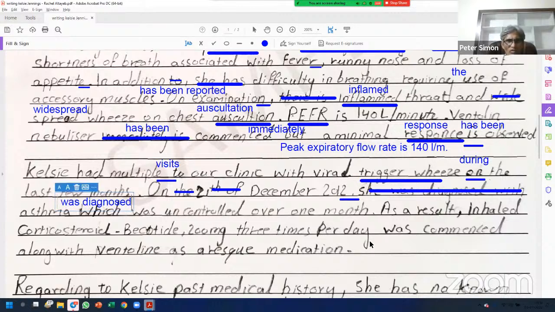On December 2012, asthma was diagnosed. So you can eliminate this part. Asthma was diagnosed.